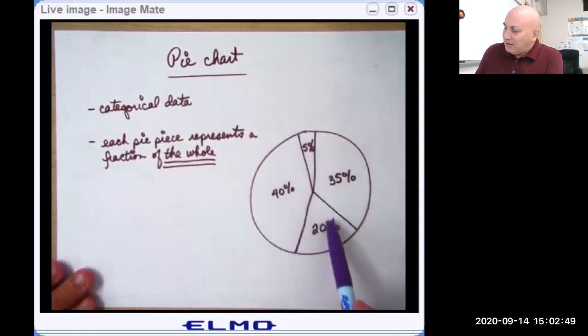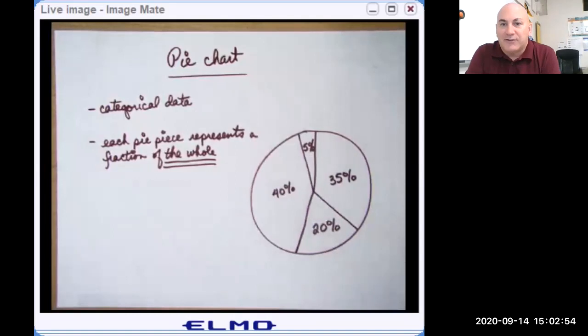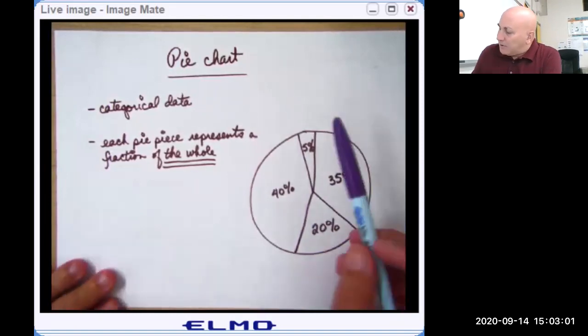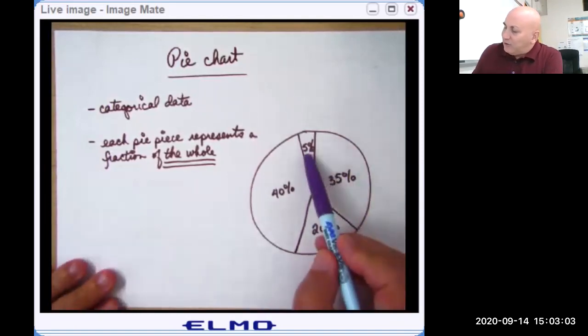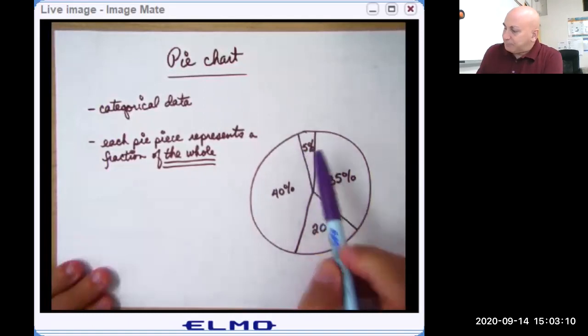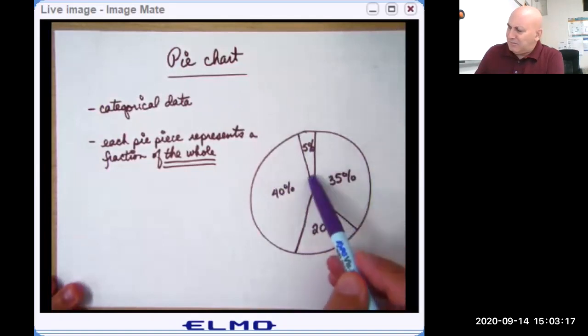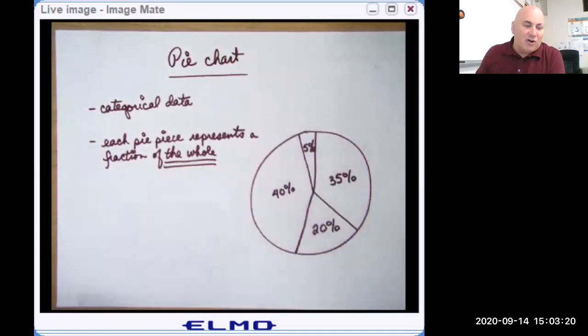And maybe this 5% was other. Maybe there was a long list of bald statistics teachers out there where they all got a vote apiece. But the point is, if we didn't include this other category, we'd really be in a problem, because then it would be 40%, 35, 20, that would be 95%. Well, something's missing, because a pie chart always has to add up to 100%.